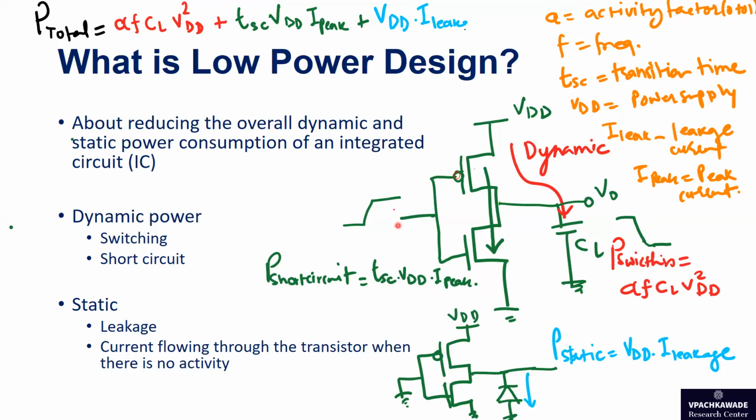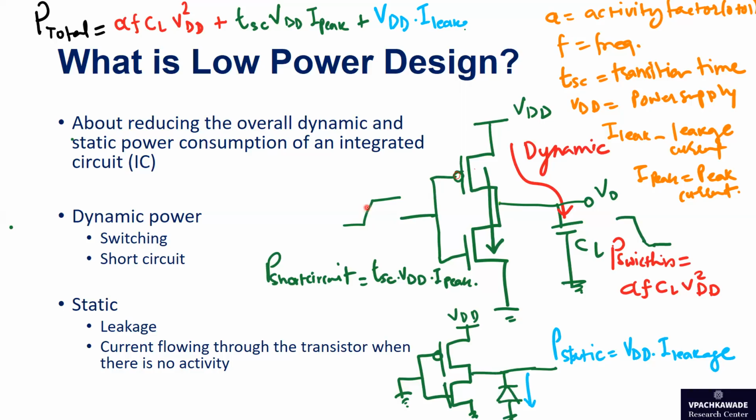When the circuit is at logic 1, NMOS is on and PMOS is switched off, so the output is connected to the ground because the capacitor discharges through the NMOS.